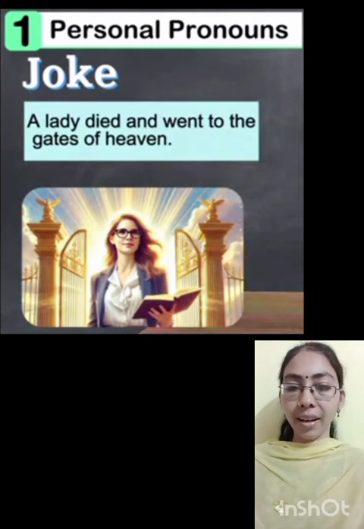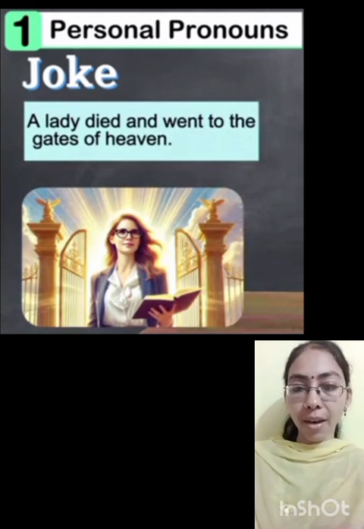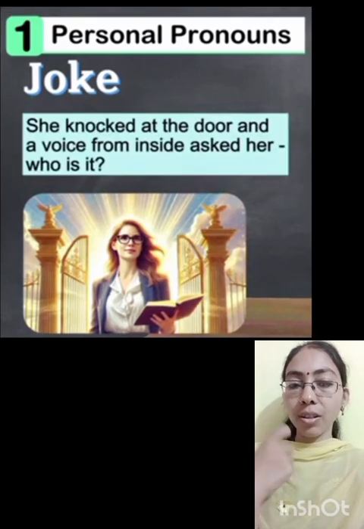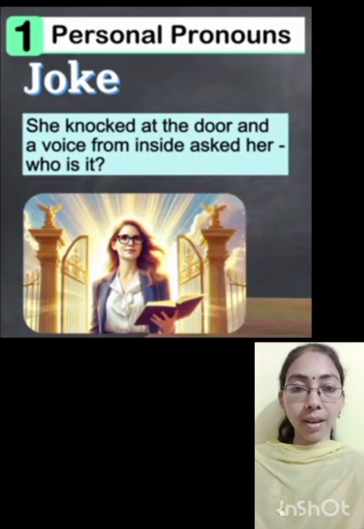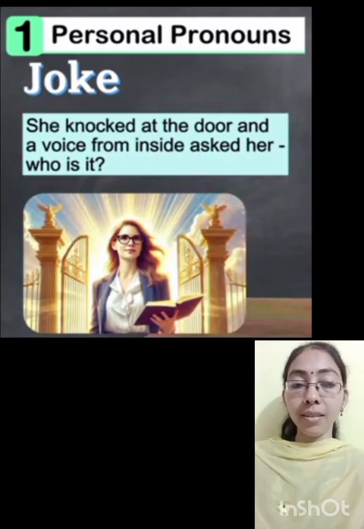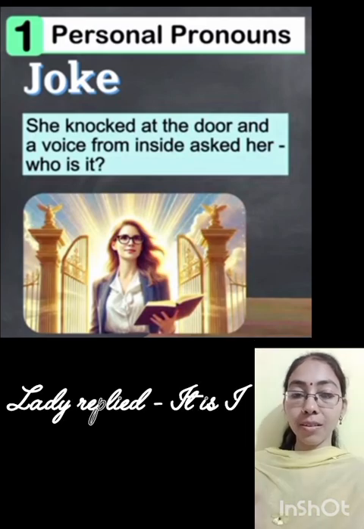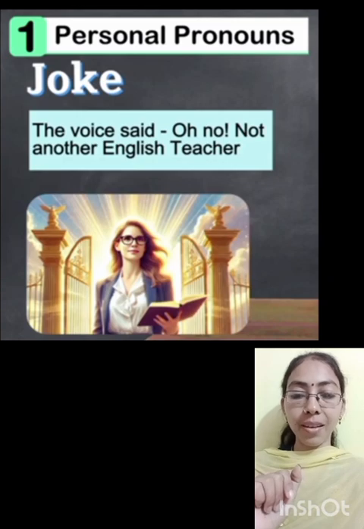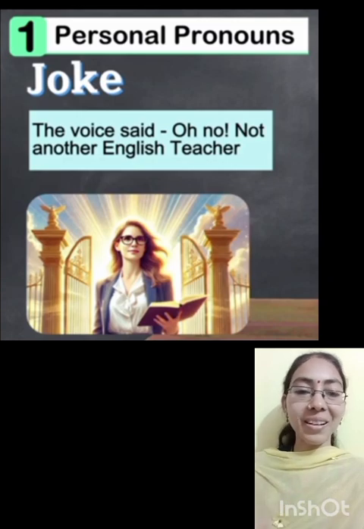Have you heard this joke? A lady died and went to the gates of heaven. She knocked at the door, and a voice from inside asked her, "Who is it?" And the lady replied, "It is I." The voice said, "Oh no, not another English teacher.